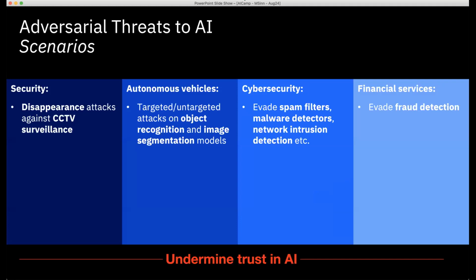It's not difficult to imagine scenarios where any of these threats could become highly problematic. It's been demonstrated, for instance in a security setting, that evasion attacks can be mounted to fool CCTV surveillance and make people or certain objects disappear from CCTV footage that is automatically analyzed using AI.